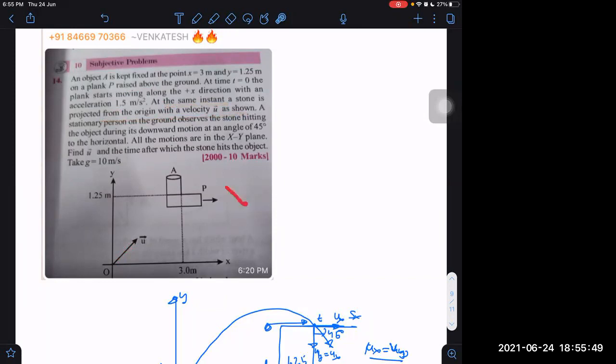It is just given that it is hitting at 45 degrees. That's it. Let me think. This velocity and this velocity are the same. From here to here, it is taking 1.25. Yes.